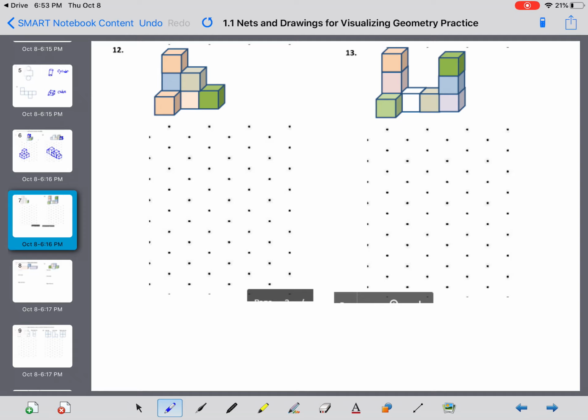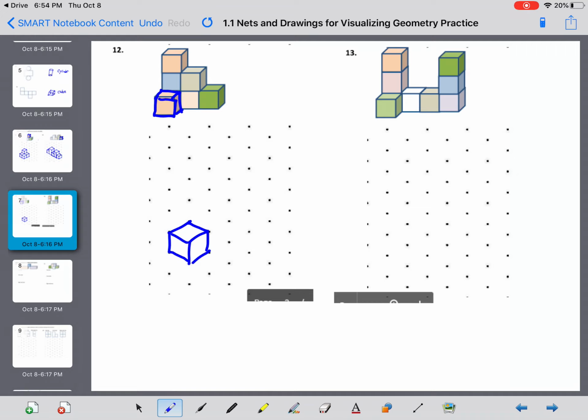Okay, for 12 and 13 again, we have those blocks, we're stacking them up. So the first thing I'm going to do is start out with this one out in front, and we'll build from there. All right, so there's our cube out in front.